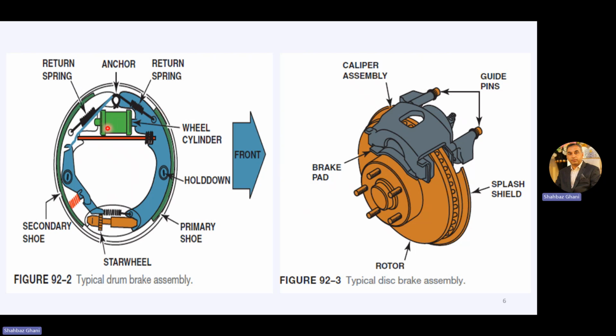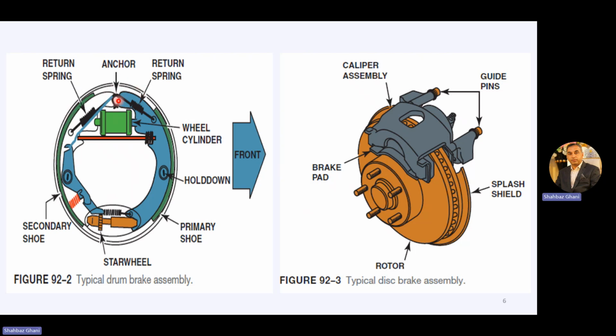This green one is your wheel cylinder where the hydraulic pressure is applied. When you apply the foot pedal, the hydraulic pressure comes to this wheel cylinder, and this moves the primary shoe and the secondary shoe to stick to the drum assembly.